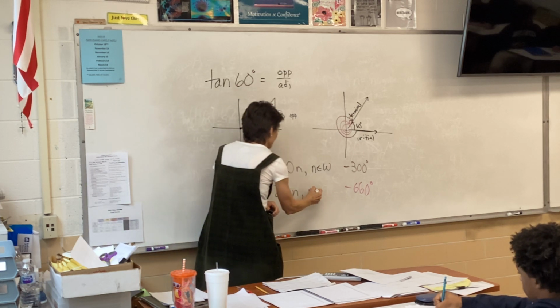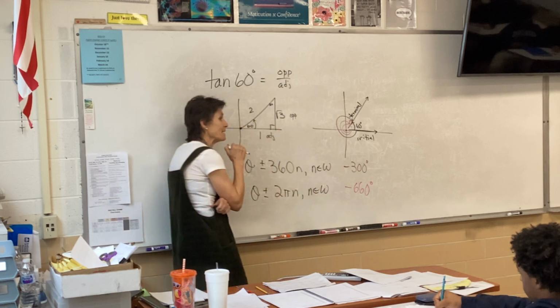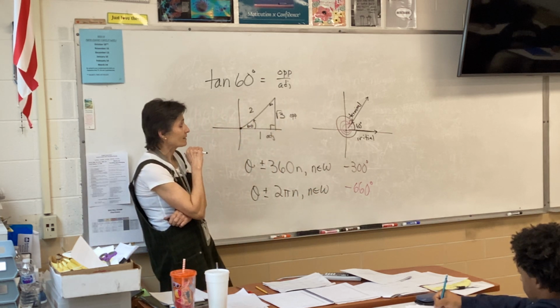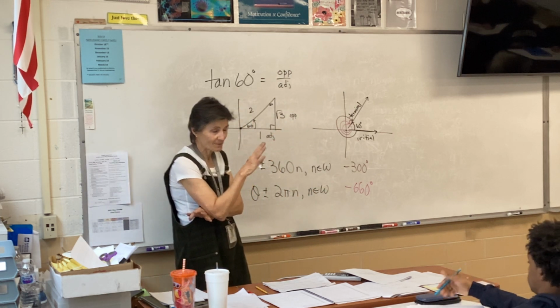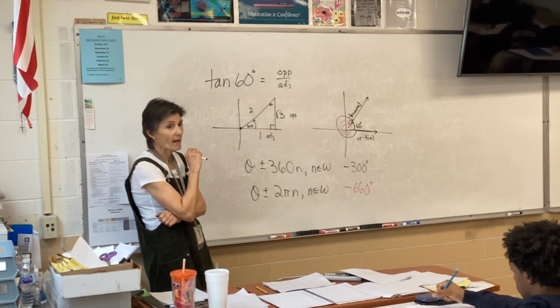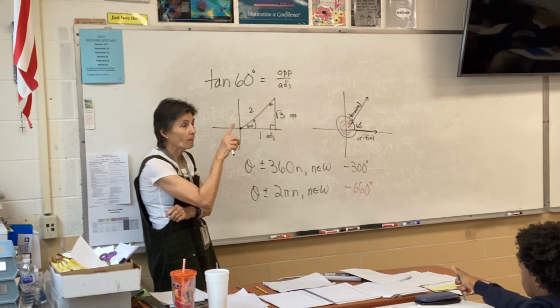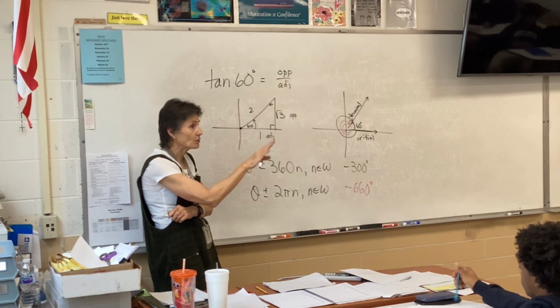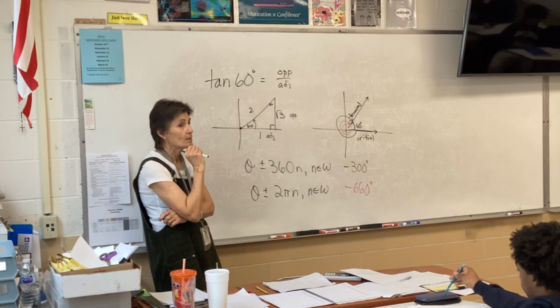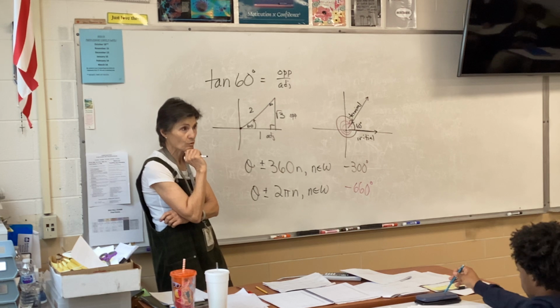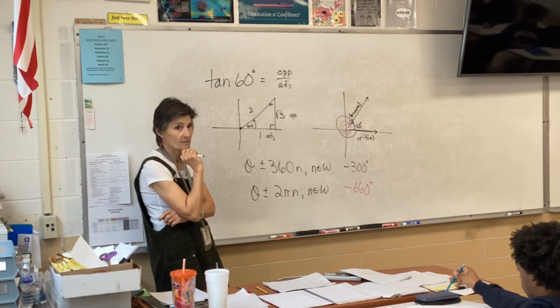Yeah. So if you are in radians, you're not going to add and subtract 360, obviously. You're going to add and subtract 2 pi. 2 pi is a revolution. To find coterminal angles, you add or subtract revolutions.